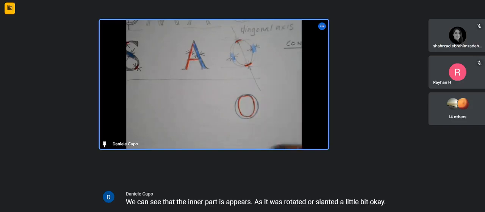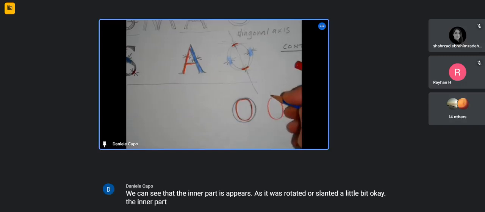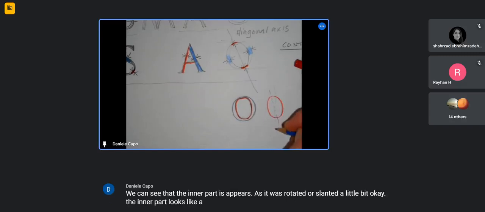Okay. The inner part looks like an oval shape that was rotated counterclockwise.